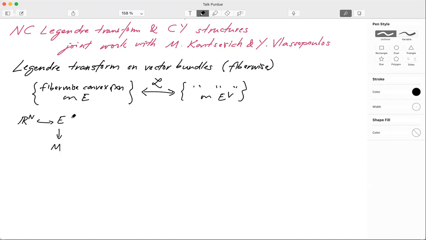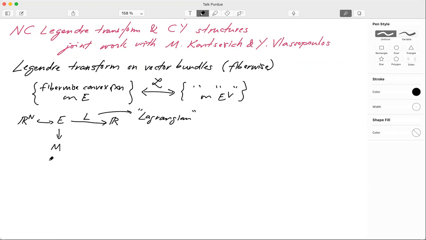And let's say I have a function on my vector bundle, which I'm going to call L. This is to remind you that in physics, this would be the Lagrangian in classical mechanics. You can think of E as being the position and velocity, for example.